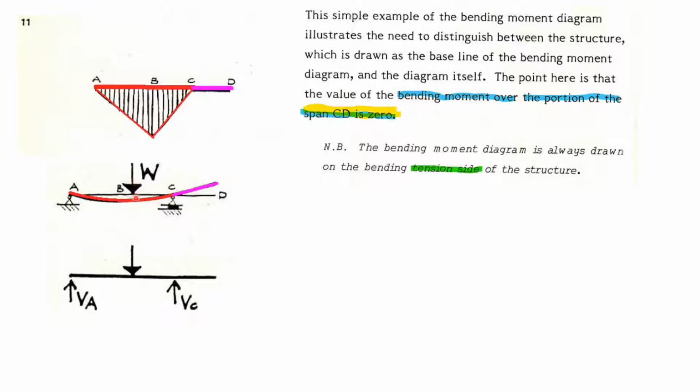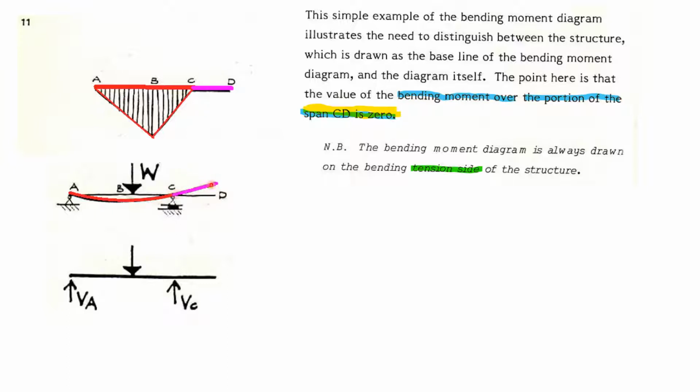When you load the span ACD with the load at B, because of this load it will deflect like this. After that, the same rotation continues here. In this portion CD there is no load, nothing, so it remains straight.